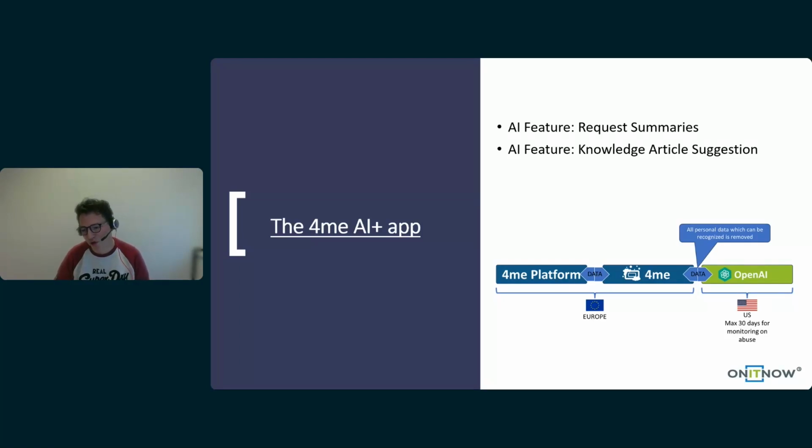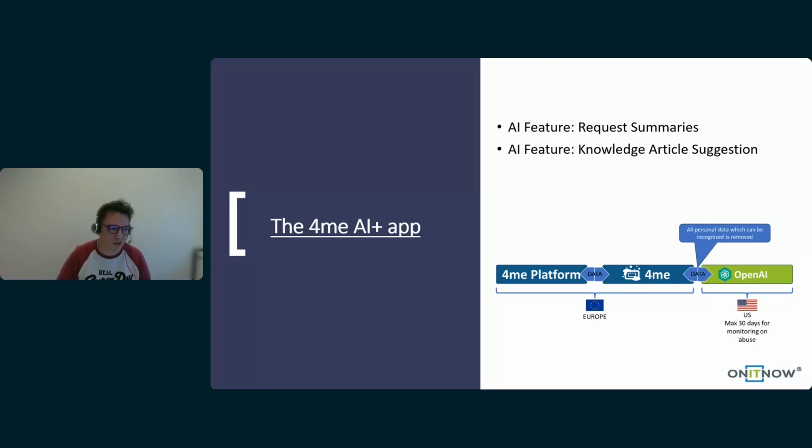The data that goes to OpenAI is stored for a maximum of 30 days just for monitoring and abuse. It's important to understand that For Me is working on an integration with other AI functionalities within Europe. So I expect in the upcoming months that will change in the backend. So no data goes to the US, but currently only relevant data is going to OpenAI and not the personal data. So that's good to understand what the functionality behind it is.